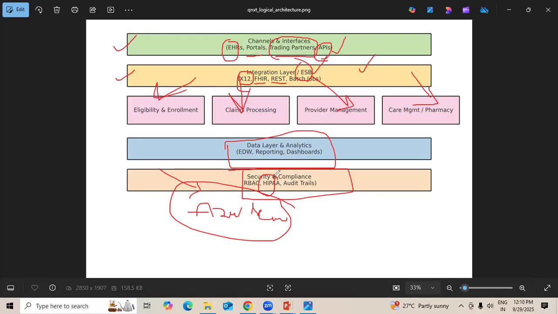For cloud applications, when we choose cloud services from the Azure point of view, Azure security is used in this process. So this is the logical architecture, especially when working technically with QNXT. This is something we should be familiar with.